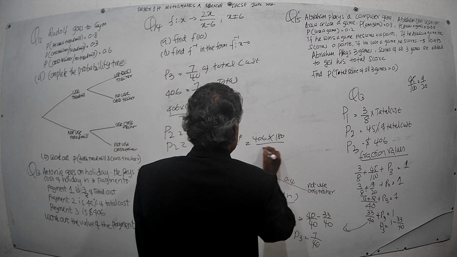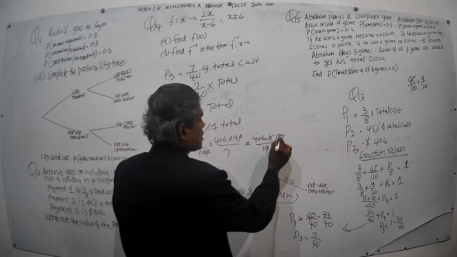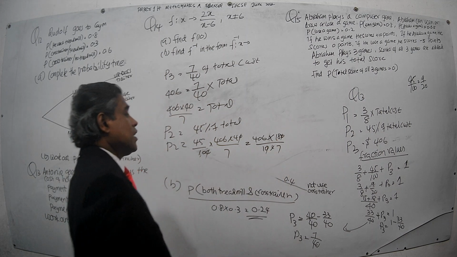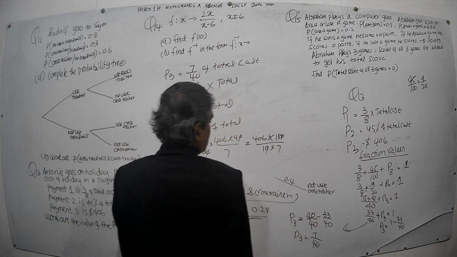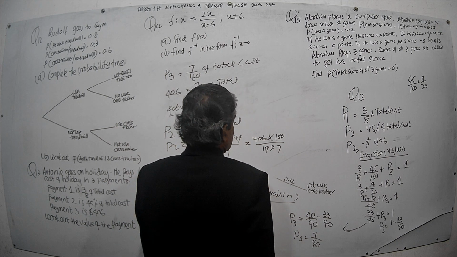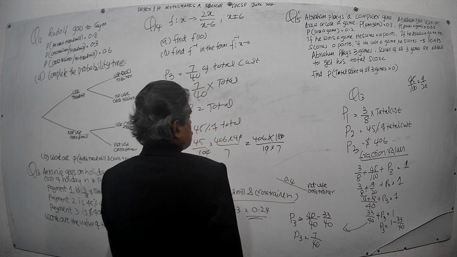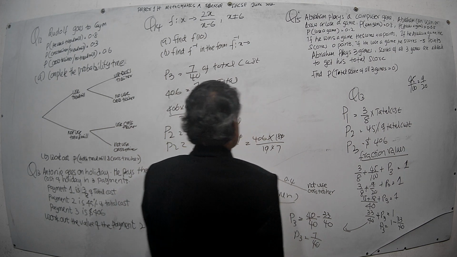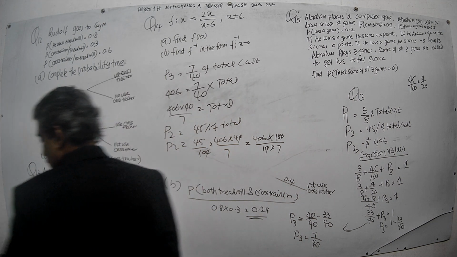Okay, then divided by 10 into 7. Okay. Then this cancels with this and this. Then 18. You calculate.